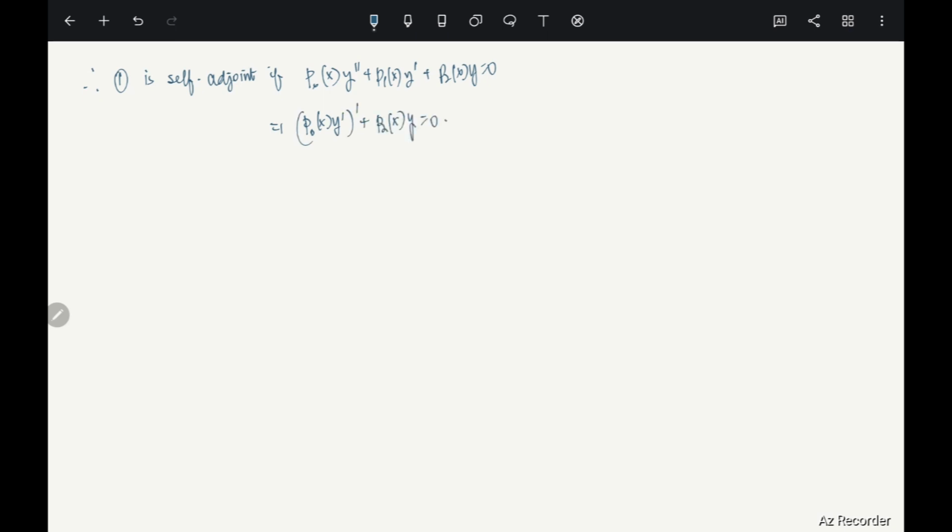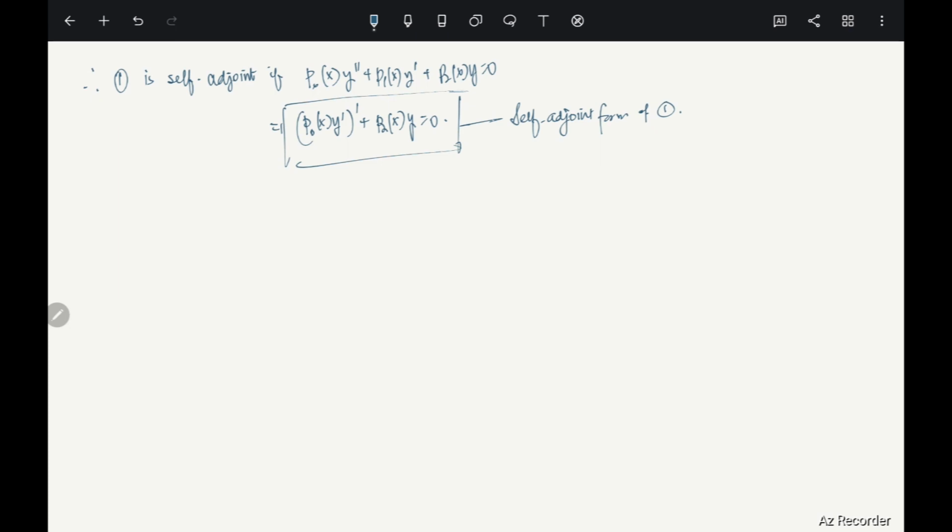This is the self-adjoint form. Please remember that it is extremely important. You must remember this, we are going to work with it a lot. This is the self-adjoint form of 1. Is this clear?